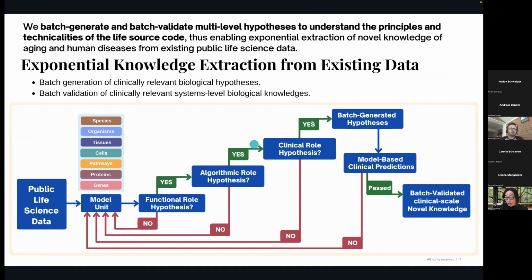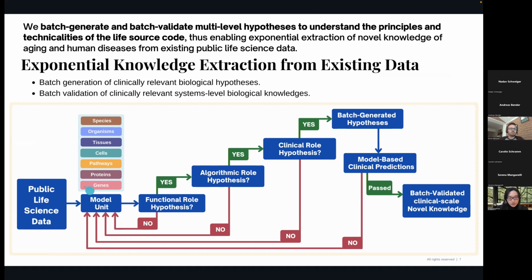And last but not least, we also add a third type of label, which is called the clinical role hypothesis. By clinical role hypothesis, we specifically refer to the role played by biological building blocks in specific disease etiology. More importantly, we clearly label whether, for example, a specific pathway is an upstream driver or a downstream effector in the context of a specific disease etiology, like Alzheimer's disease.